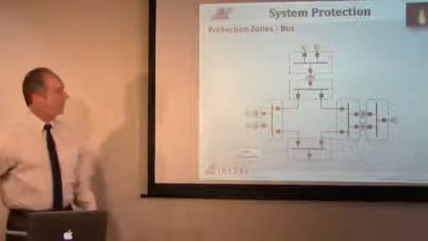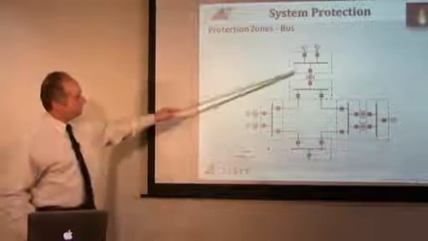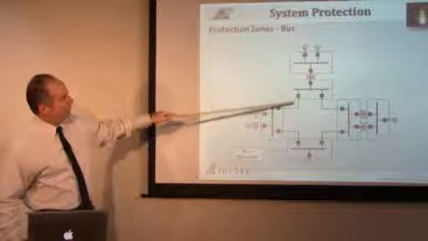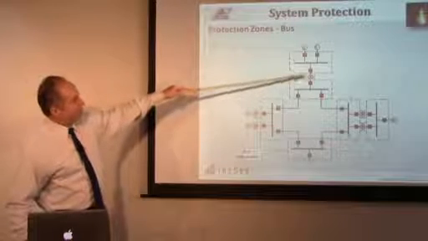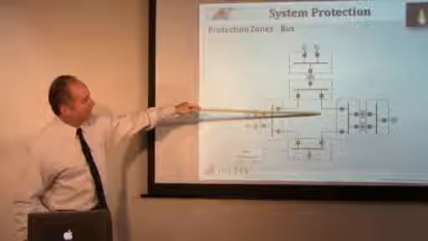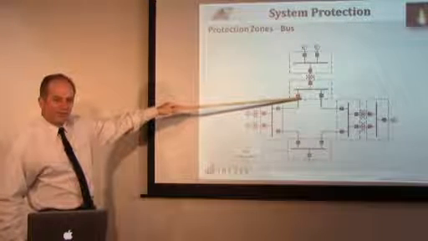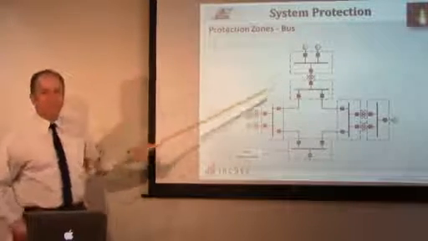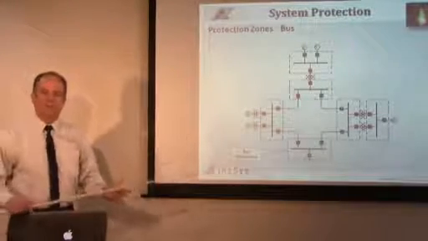Okay, the next one to talk about is bus protection. Looking at this bus right here, the current going into the bus must equal the current coming out. If not, there's a bus differential issue. So we have protective relays that are looking at bus differential.